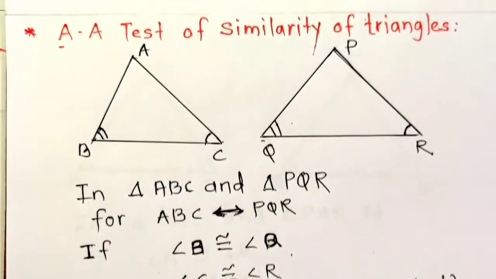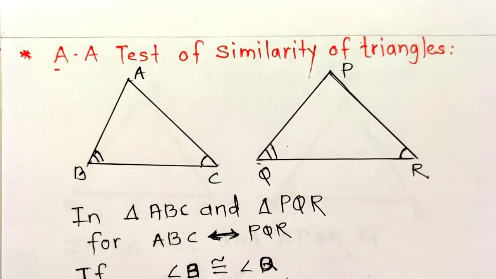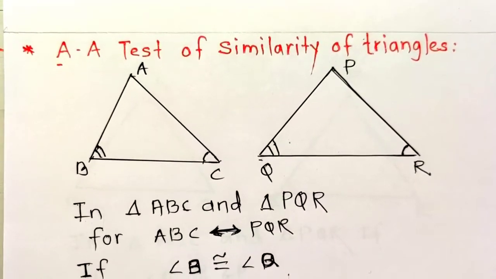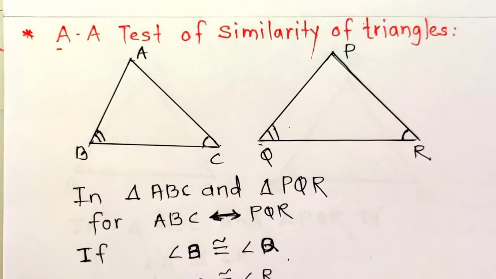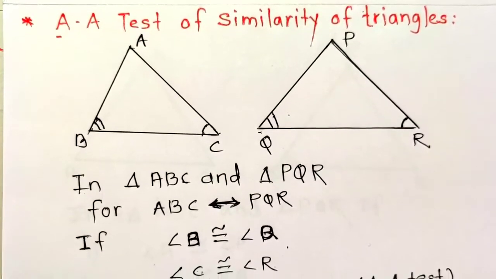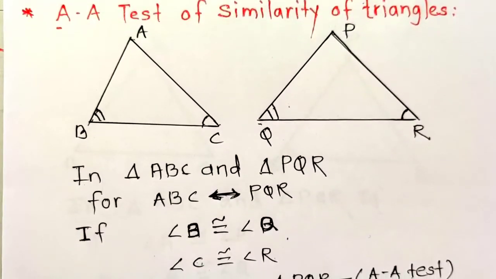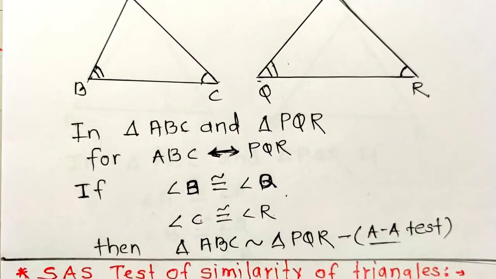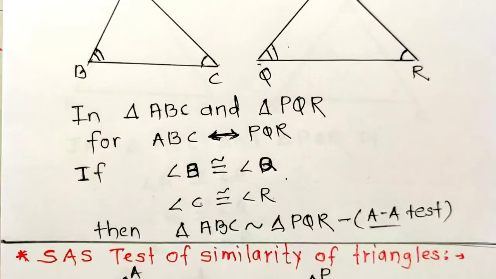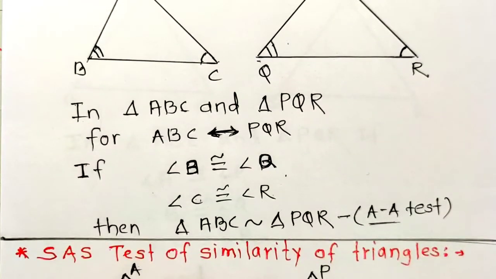Let us see that AA test again. In triangle ABC and triangle PQR, for the given correspondence ABC corresponds to PQR, if angle B is congruent to angle Q, one pair of corresponding angles, and angle C is congruent to angle R, the second pair of corresponding angles, if we can prove two pairs of corresponding angles are congruent, then by AA test these two triangles become similar.